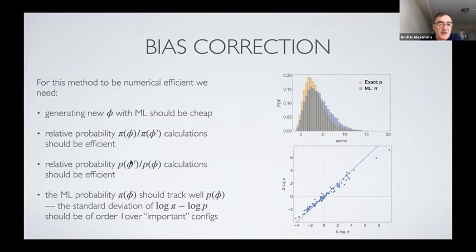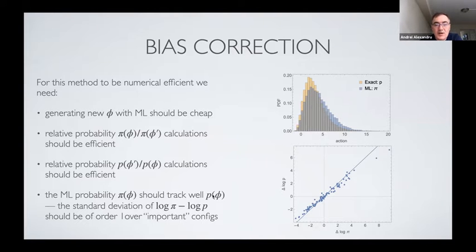You also need to compute the relative probability of the QFT efficiently, and the probability distribution of the ML should be a good approximation of the probability distribution of the QFT.